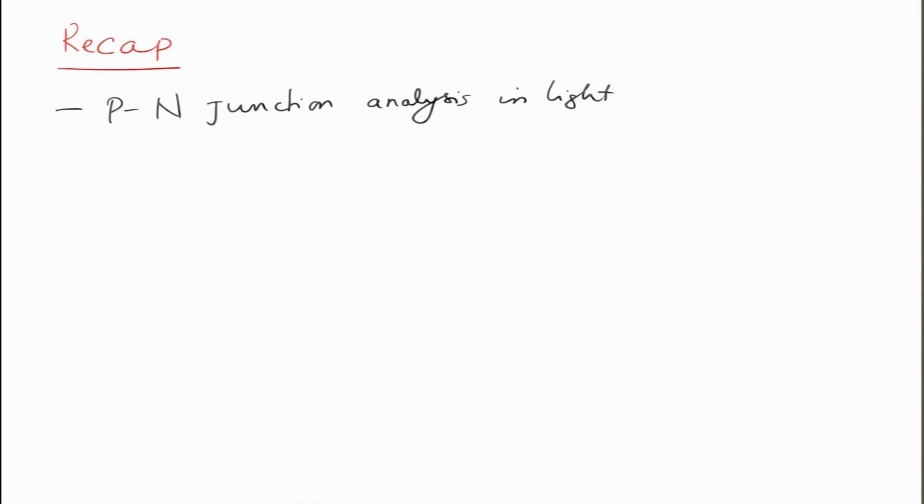So, in the previous lectures we started our discussion on PN junction analysis in light, and in these conditions what we want to calculate is Jn at minus Wp plus Jp at plus Wn plus JSCR, because this JSCR is now finite because you have a certain amount of recombination as well as generation within the semiconductor.